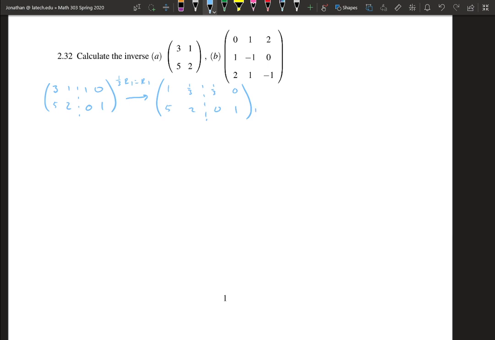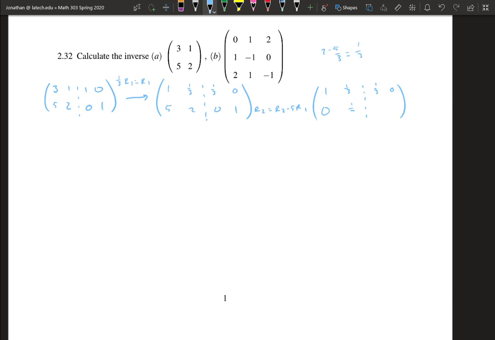And then I'm going to replace row 2 by row 2 minus 5 row 1. So 1, 1/3, 1/3, 0. 5 minus 5 will be 0. And then 2 minus 5/3, that would be 1/3.